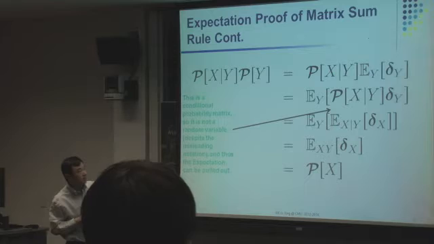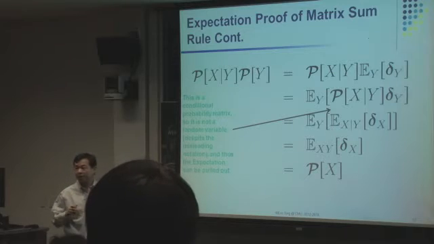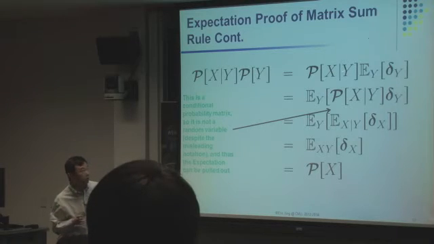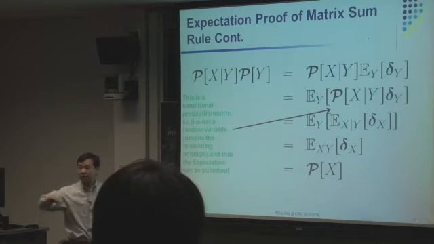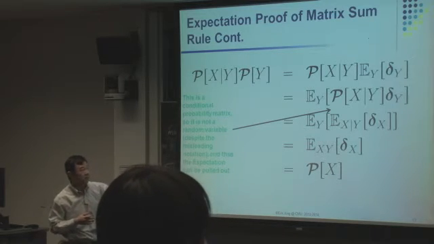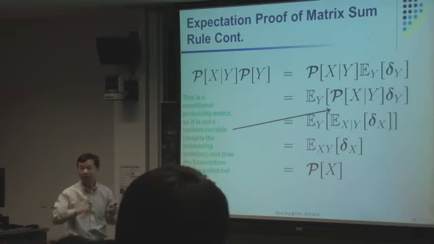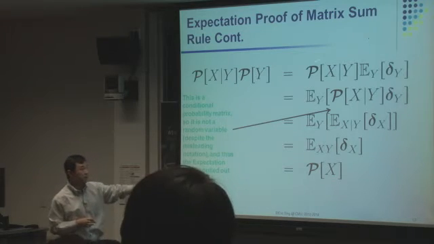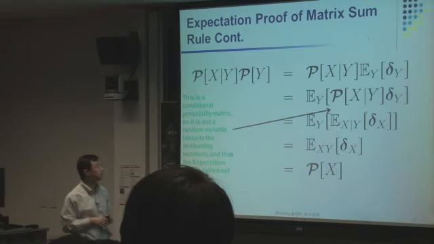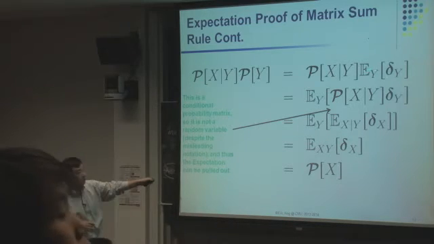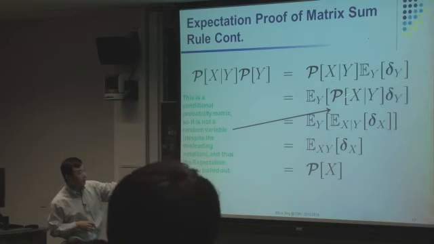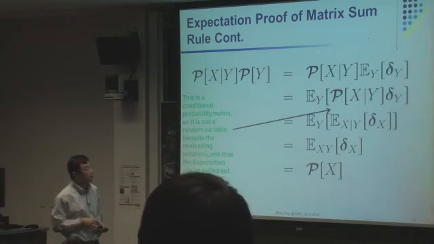This p of x and y is actually not a random variable, even though the y appears here, which probably makes you take it as a random variable. What I really want to use here is that this guy is a table of all these numbers. I'm going to use this to pick out the right column from that table. So this is actually a bunch of numbers which are constant. And then if you take expectation, you can basically move this out of that. So these two get combined.